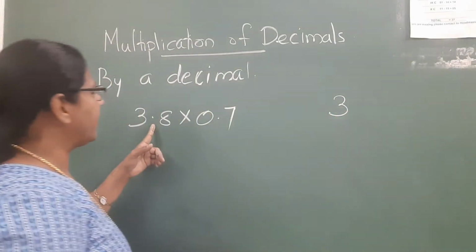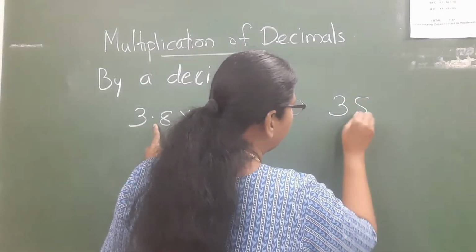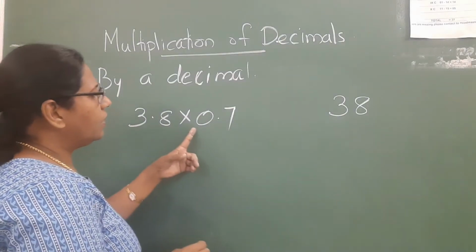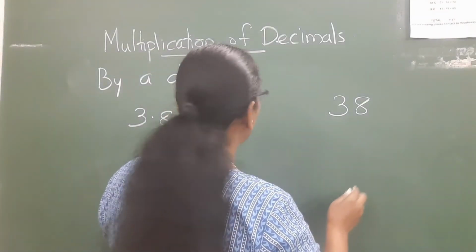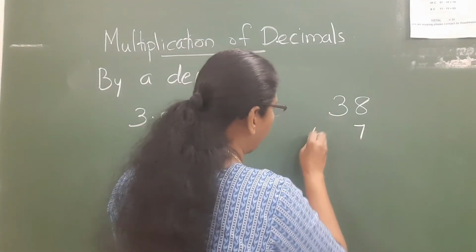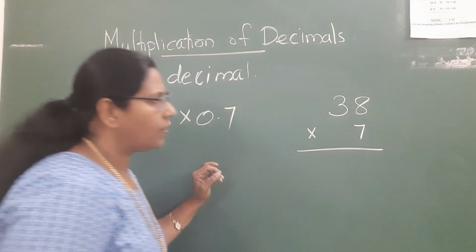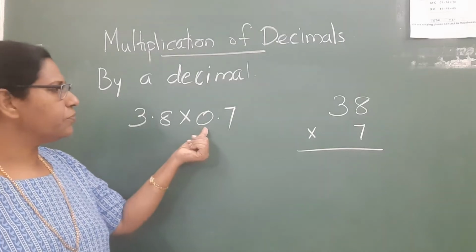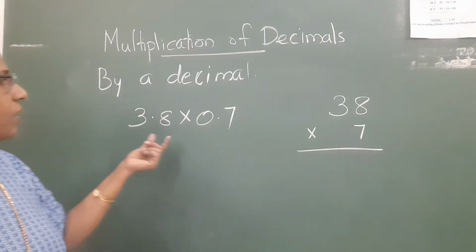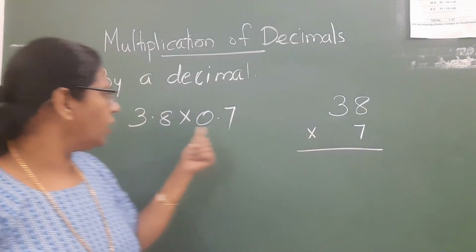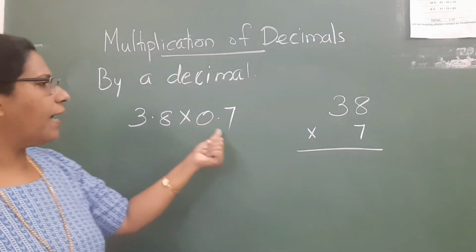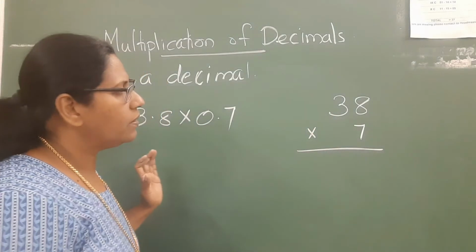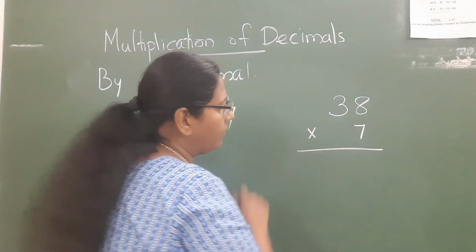We ignore the decimals and we write the number 38 into 7.